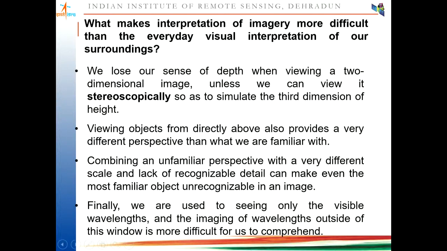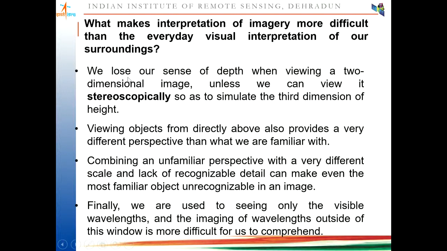Now, what makes interpretation of imagery more difficult than the everyday visualization or visual interpretation of our surroundings? We as human beings are used to seeing photographs or images of everyday objects. Why is and how is this image interpretation different?